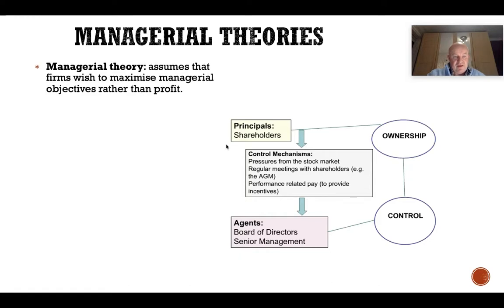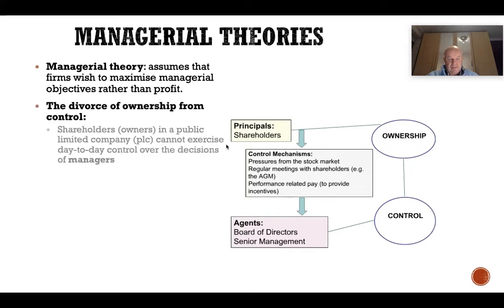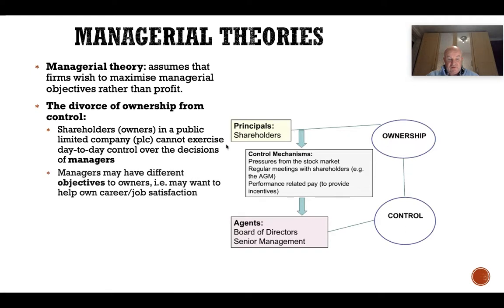Okay, so as we've said, in most cases, the view is that we want to maximise profit within an organisation. An owner is likely to want to do that, but where we get management running and controlling the business, in some cases we might choose to maximise managerial objectives rather than profit, and that basically occurs for those reasons.